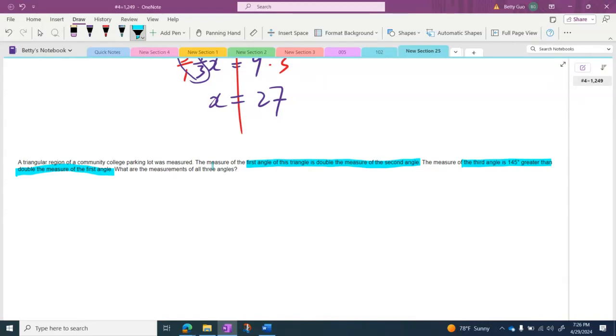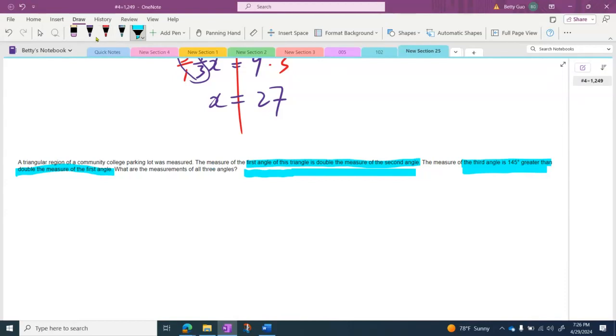So basically, here it tells us first angle is twice of the second angle. So we can write the first angle in terms of the second angle. And here it says third angle is 145 greater than double the first angle. So the third angle can be written in terms of the first angle, and the first angle can be written in terms of the second angle.